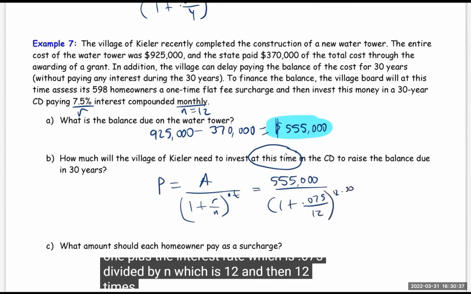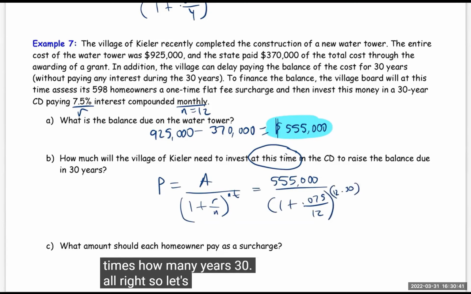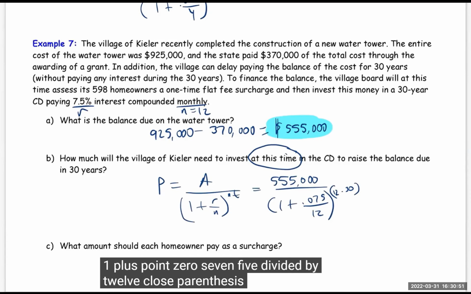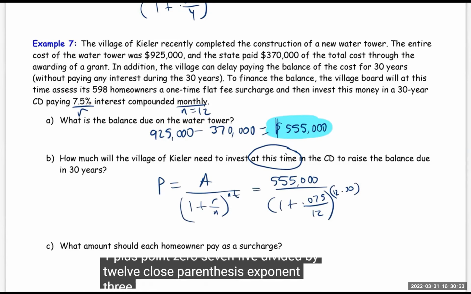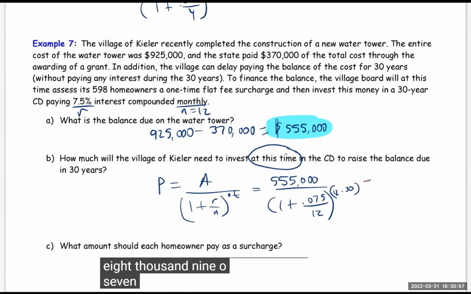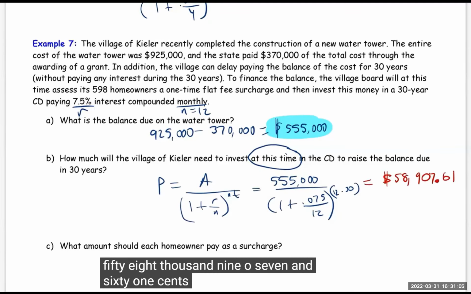And then 12 times how many years? 30. All right, so let's figure out what this is. 555,000 divided by 1 plus 0.075 divided by 12, close parentheses, exponent 360. Getting $58,907 and 61 cents.